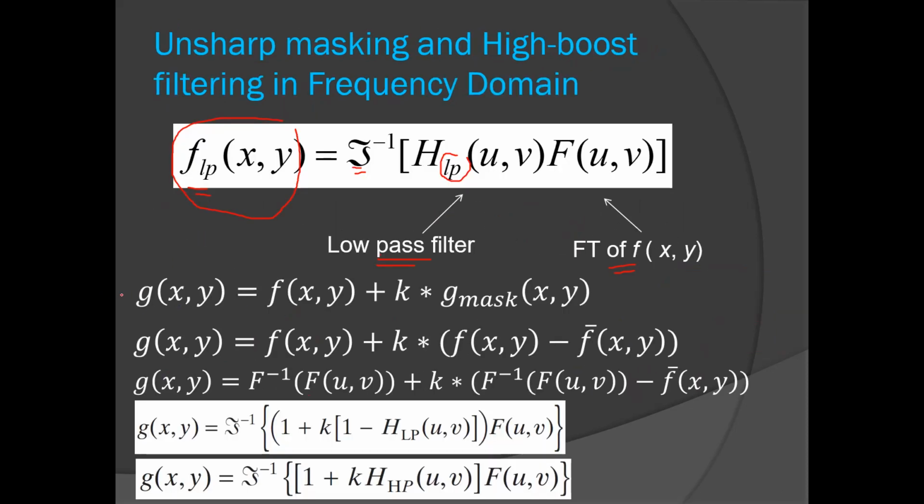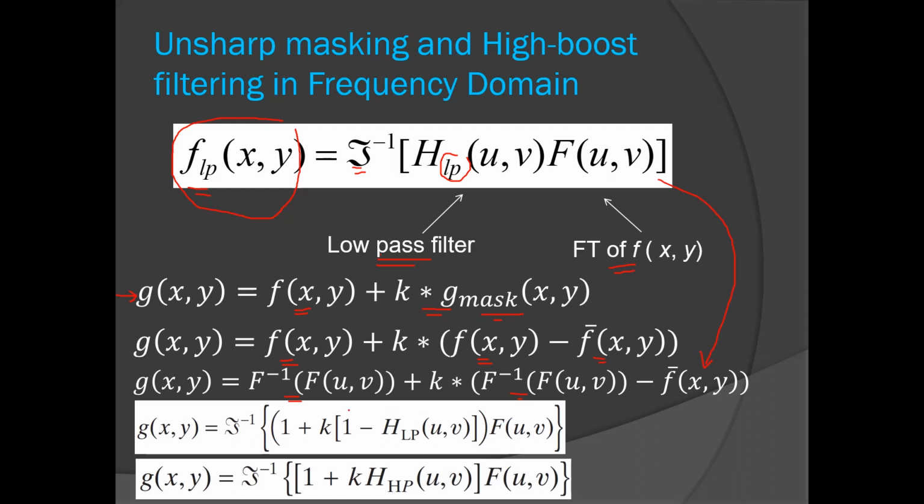Now this is the equation of unsharp masking. We are adding a scaled version of the mask to the original image. This mask is f of xy minus the blurred version of the original image. Then this f of xy is nothing but the inverse Fourier transform of f of uv, and for the blurred version you put the value from this equation.